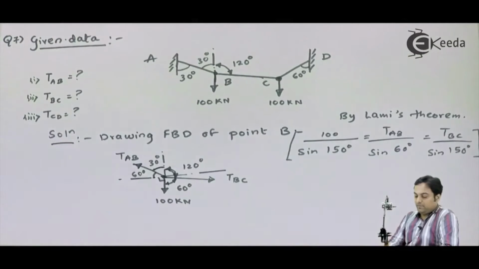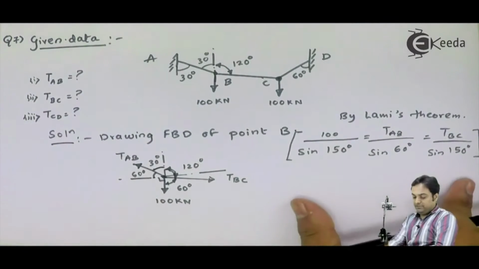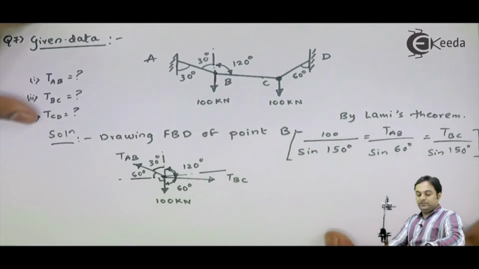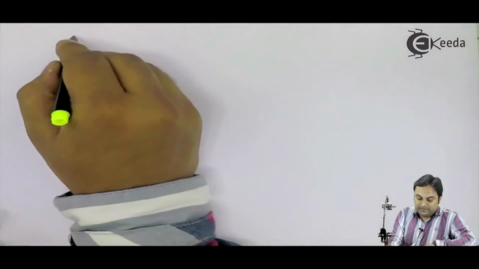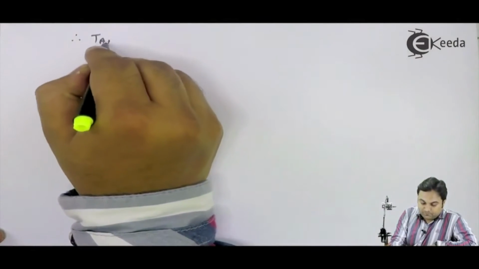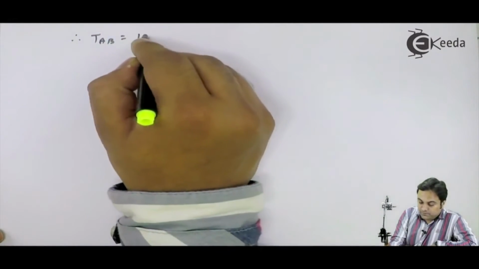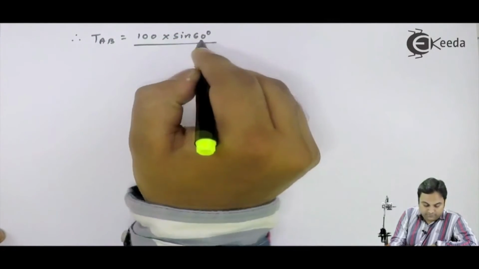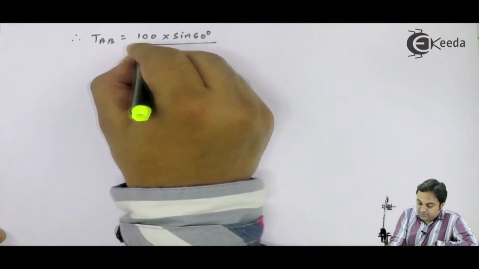So here I have found the result of Lami's theorem. From this I can calculate TAB and TBC. After this I will be writing it as, therefore TAB will be equal to 100 into sine 60 divided by sine 150.